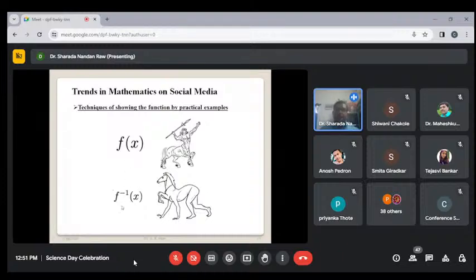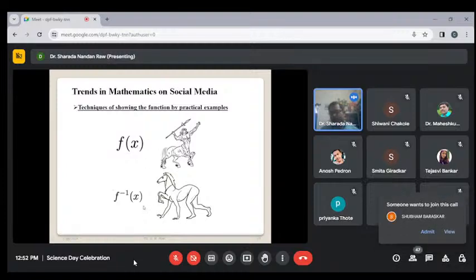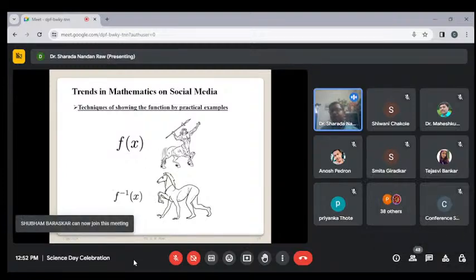Then f inverse of x would be a horse head and the other part of the body is human. So from this example we can imagine f of x and f inverse x, how we can represent the function.